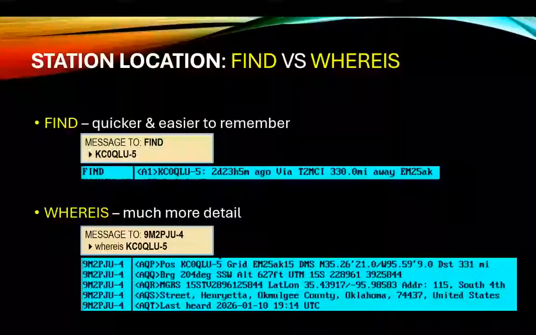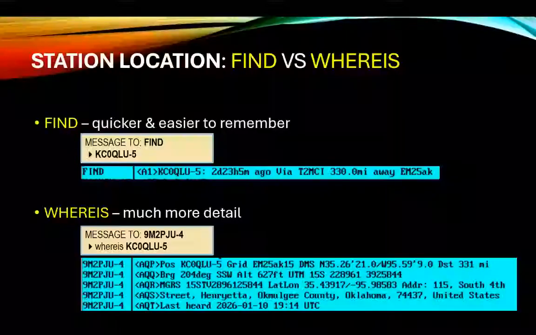It's easy to remember. If you want more detail, you can use where is at the 9 Mike bot. You have to remember his call sign, which is not real simple. It's 6 characters long, and his -4. But you do that and then simply use where is KC0KLU-5, and you get a much more verbose response. It shows his grid to 8 digits.